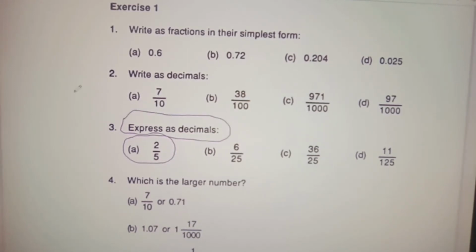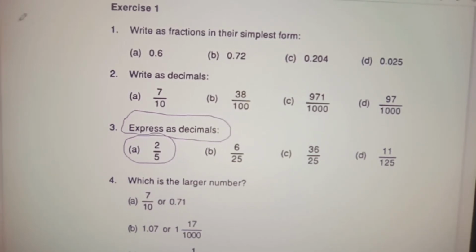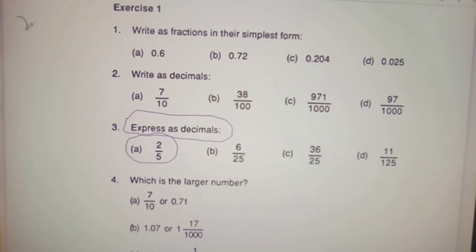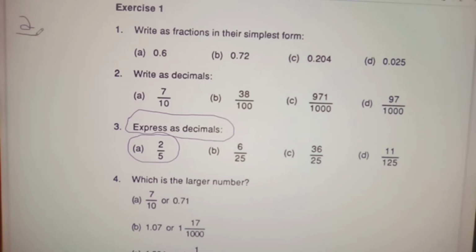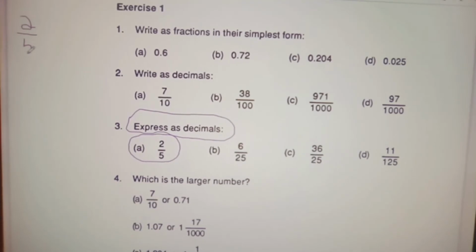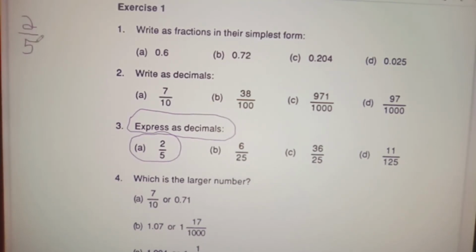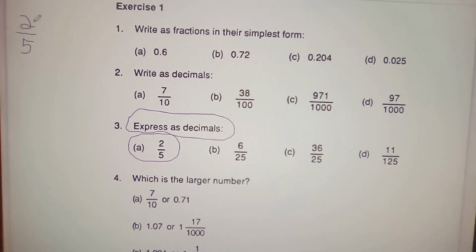So, 2/5. And what's the top part of my fraction called?